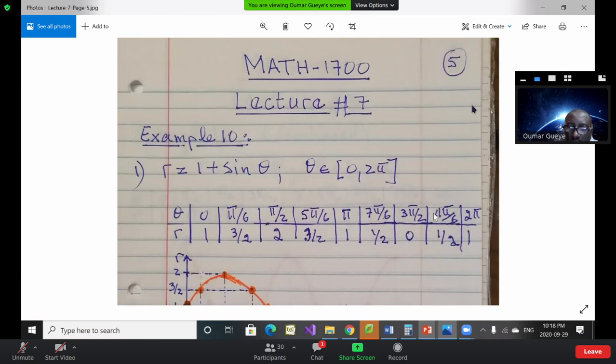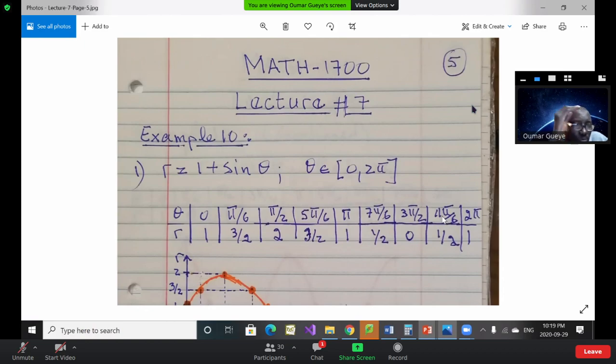And the second last angle is 11 pi by 6. So the sine is going to be negative half, plus 1 is going to be half. And for the last value, sine of 2 pi is 0. So plus 1, we get r equal to 1. Okay, and from this table of values, I'm going to sketch the first curve.